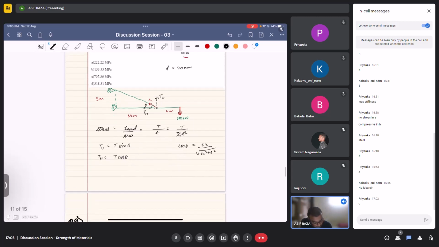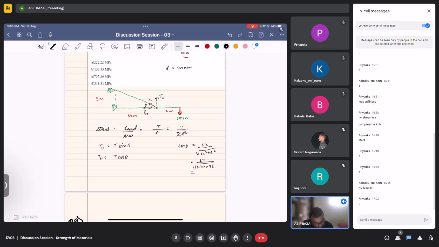And that is equal to 12 upon root 144 plus 81, the square root of 225.